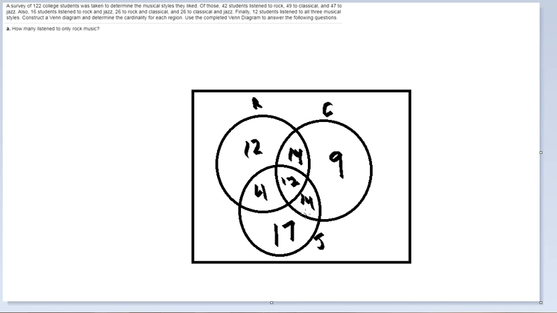In that 14 we would have 82. So there's a total of 82 in here. But of 122 students, we're going to have to take 122 and take away 82. So that's going to be 40. So we're actually going to have 40 outside here. And this all should add up to be 122.